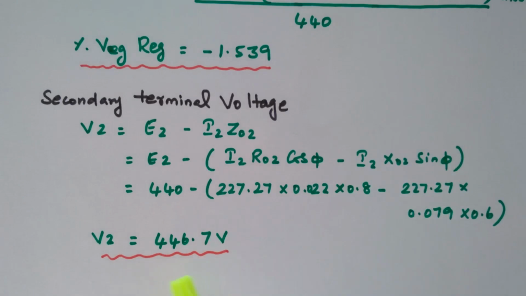So by simplifying we got 446.7 volts. So the secondary terminal voltage is 446.7 volts. So in this problem we first calculated the transformation ratio, then equivalent impedance referred to the primary side, voltage regulation and secondary terminal voltage.